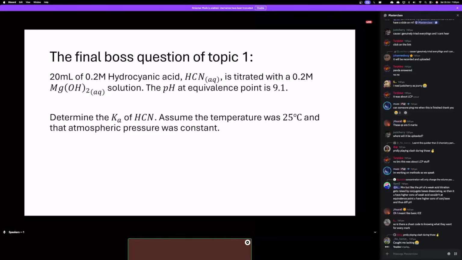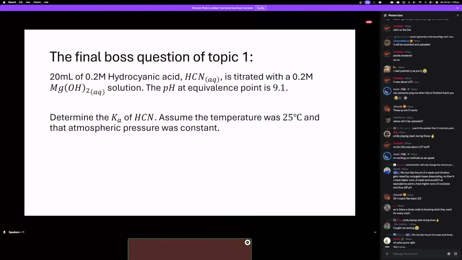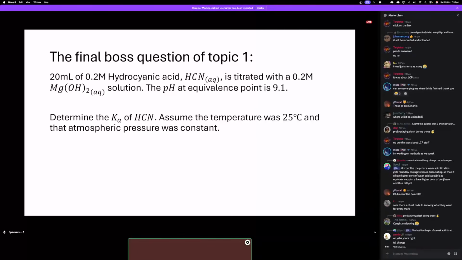I have a very crudely written solution that I can put in. Let me see if I can find it. If I can find it, I will send my very crude solution to this question. Do you know what they want for every mark? No, unfortunately not.